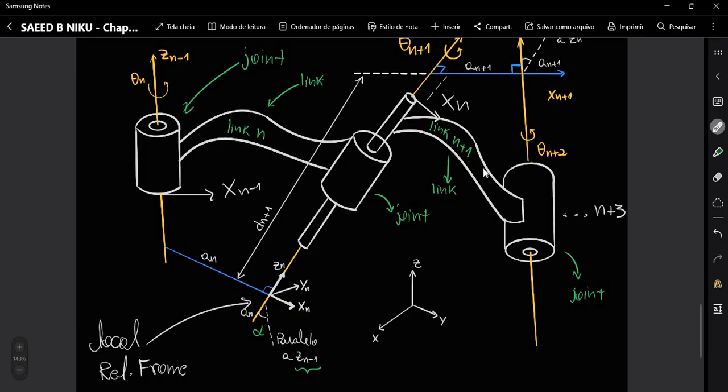So instead of transforming from the local to the next reference frame, we can transform from the local to the one before, from this joint to one before. And this is one of the reasons that DH is mostly used as a standard.